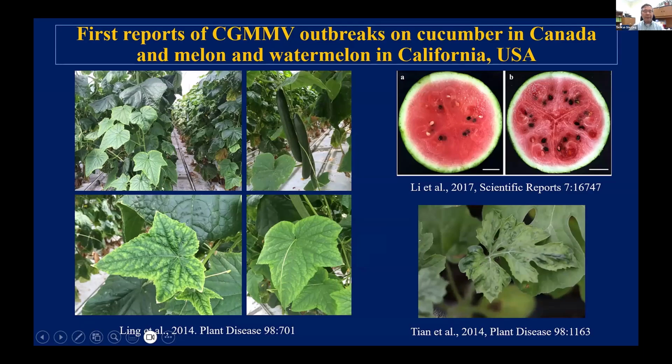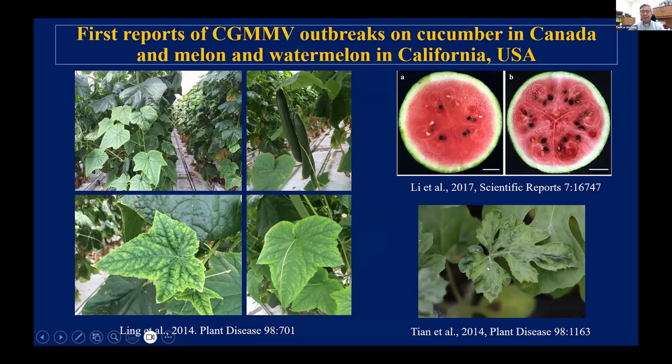This is on cucumbers in Canada, early on when our lab was working there and helping to identify CGMMV in the greenhouse on cucumber. In California, in the same year, they identified it on melon and watermelon.